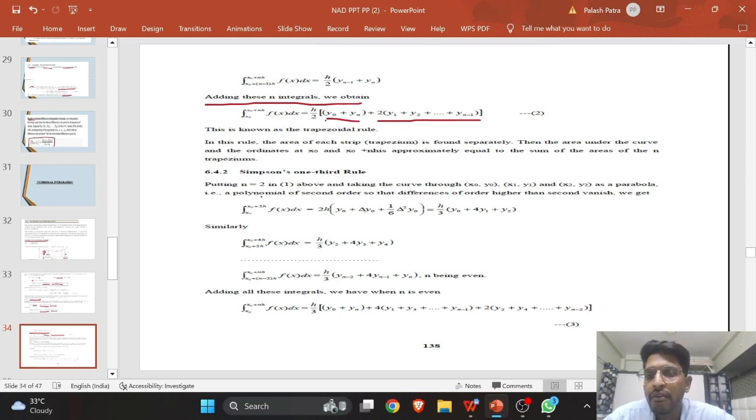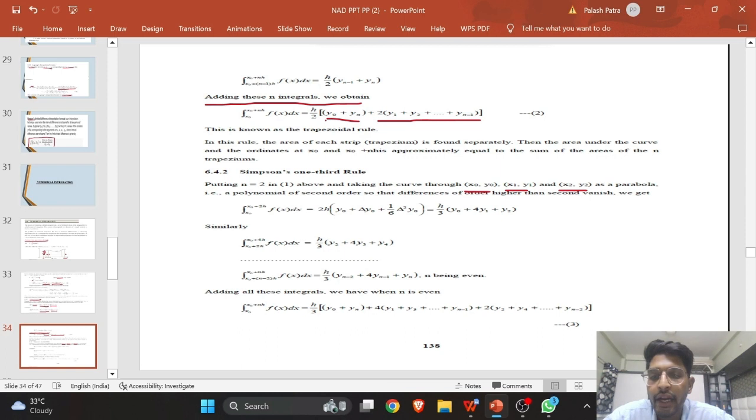Similarly, when we put n equal to 2 in the Newton-Cotes formula, we get Simpson's one-third rule. As we did in the trapezoidal rule, here we take the curve through the points x0, y0, x1, y1, x2, y2, and calculate its value.